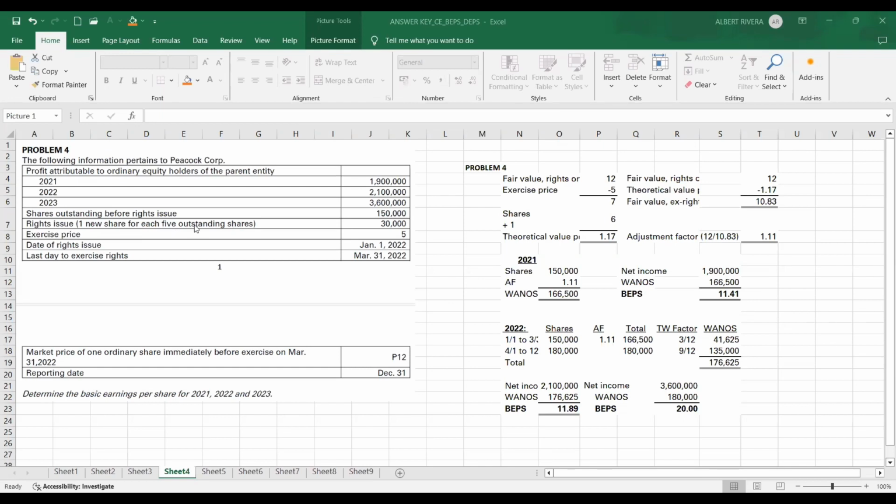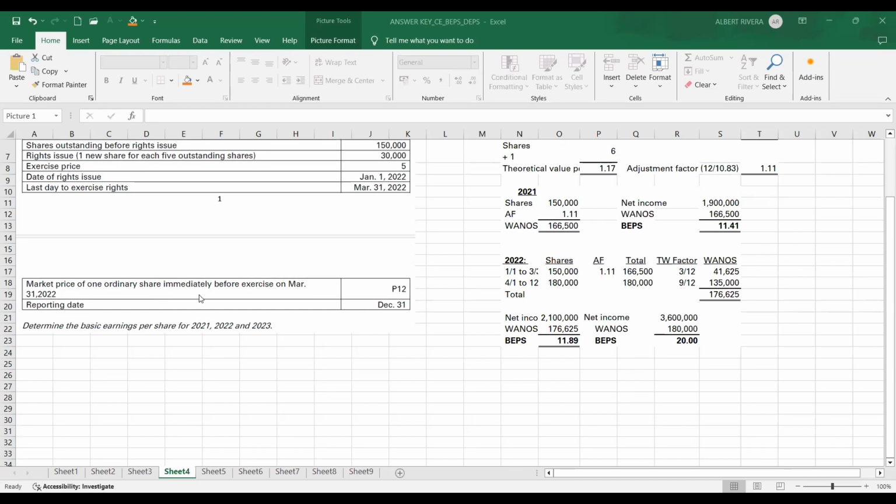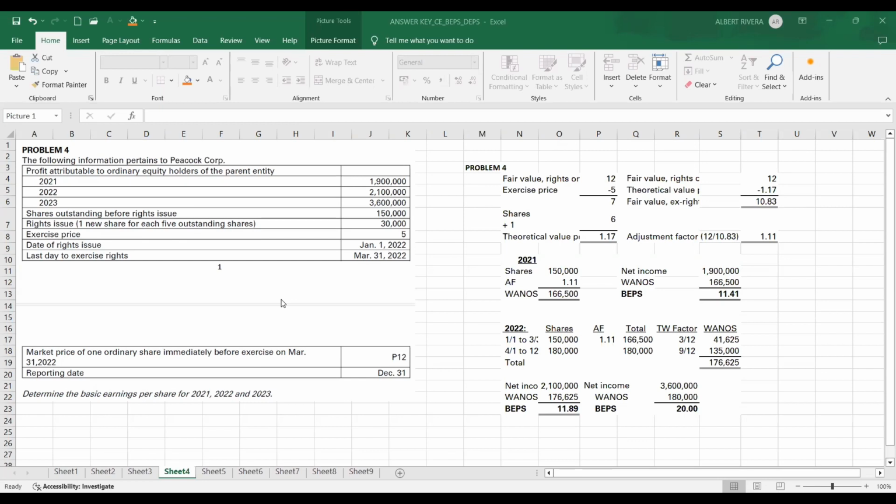Okay? Then the exercise price is 5, and the date of right issue, January 1, and the last day to exercise is March 31. Then the market price of one share immediately before kasi ito before the exercise. So that is at rights on. And you are required to compute the basic earnings per share.